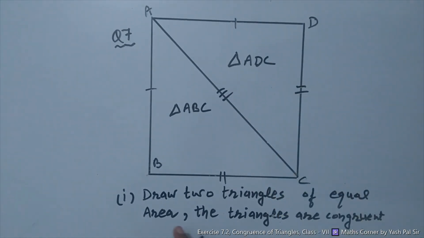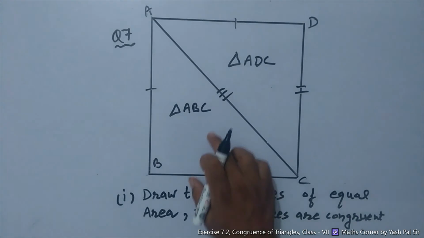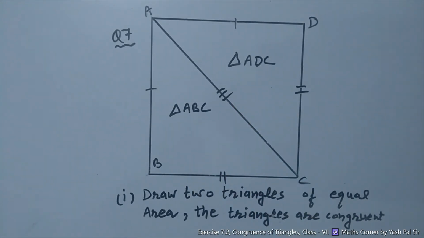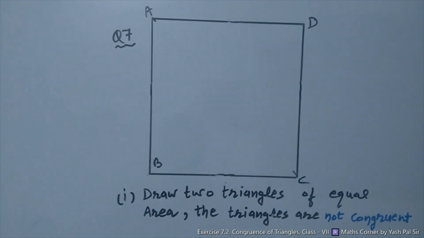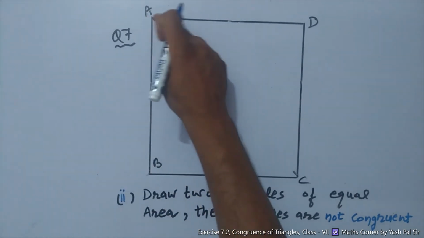So this way we say that these two triangles are equal in area also, and these two triangles are also congruent.